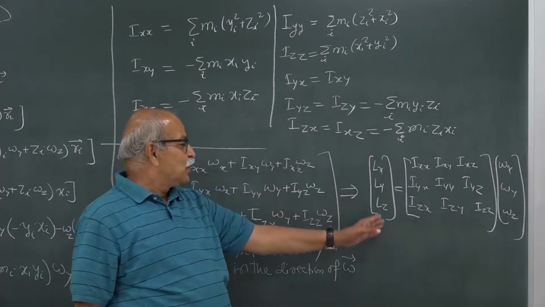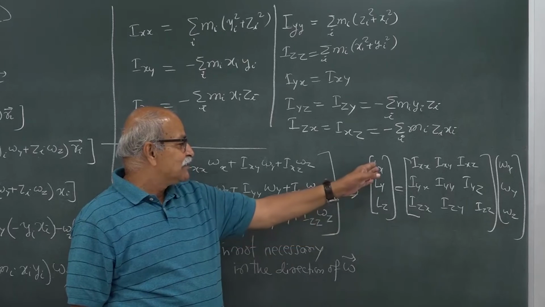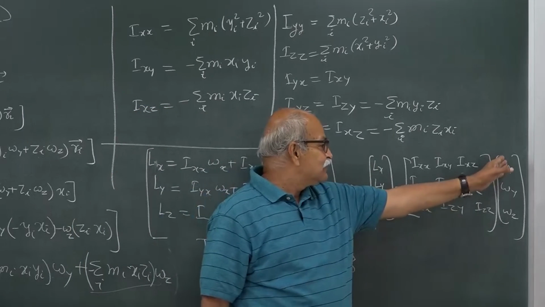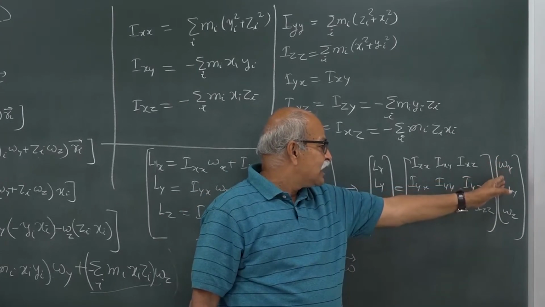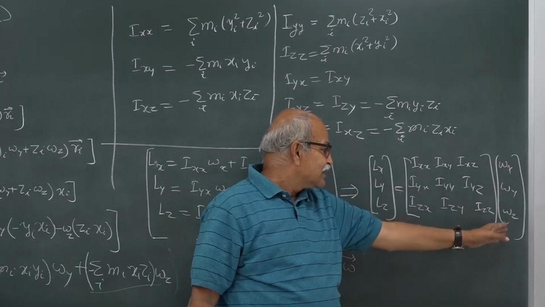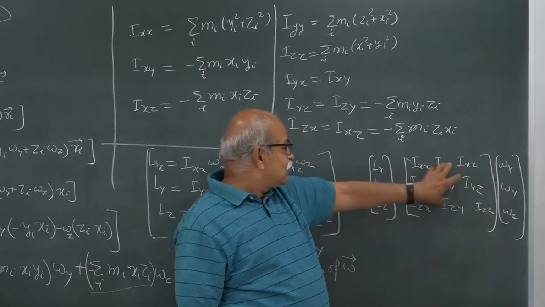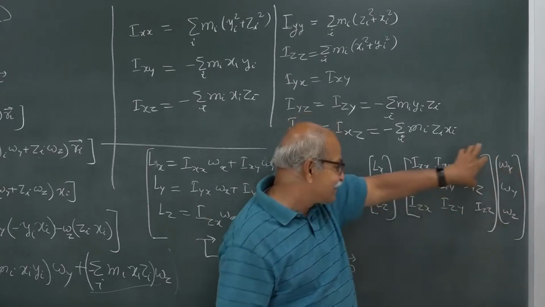So, this whole column matrix gives you the 3 components of the angular momentum vector, and here you have this column matrix giving the components of the angular velocity vector omega. The relation between this and this is like this. It is not L is equal to some constant times omega, right, it is this.